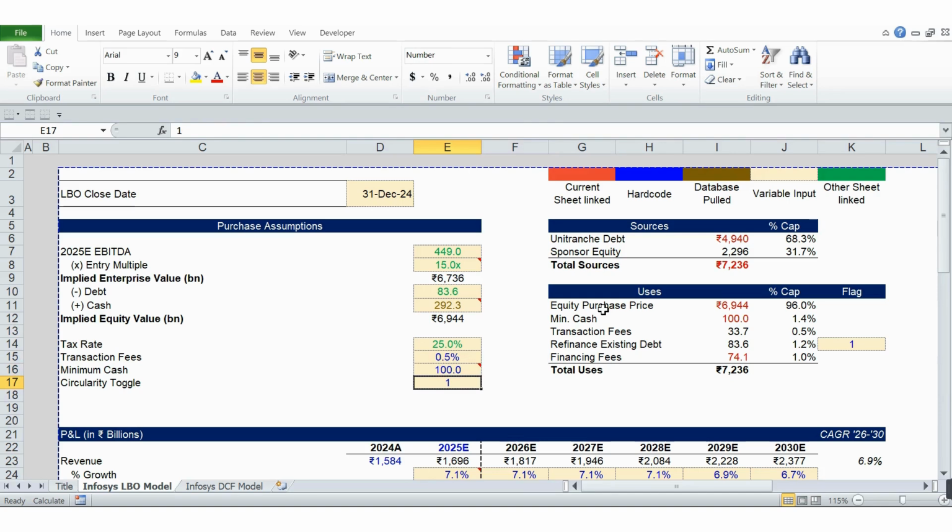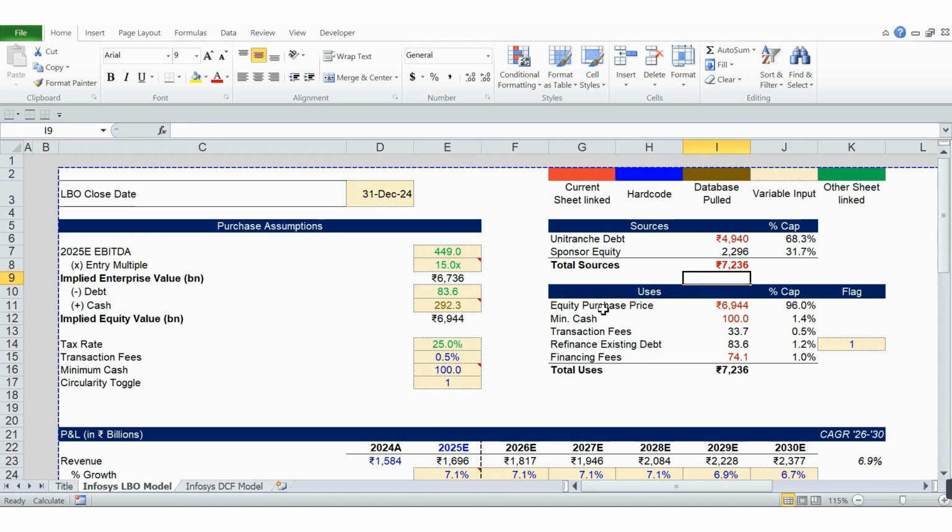This can be studied independently in detail. You can just ask ChatGPT or Google why we are multiplying by 1 in the circularity toggle. It doesn't rectify the circularity, but it helps to track it in a better way.